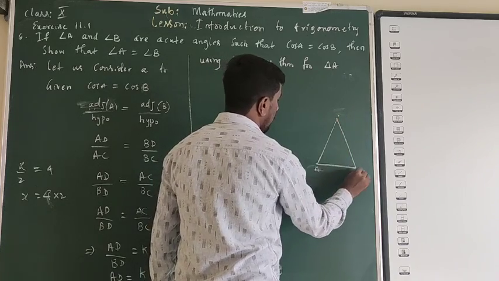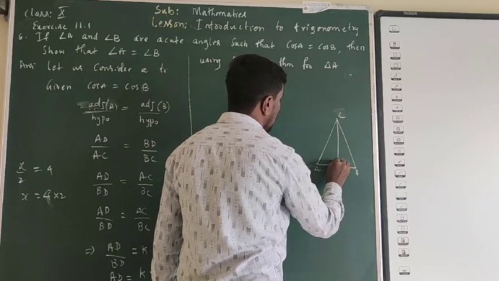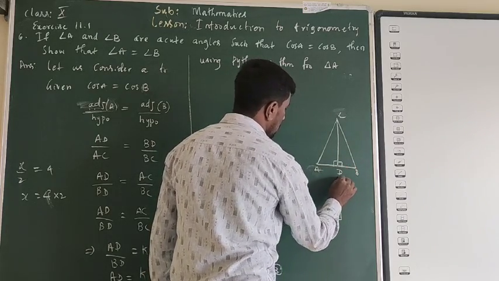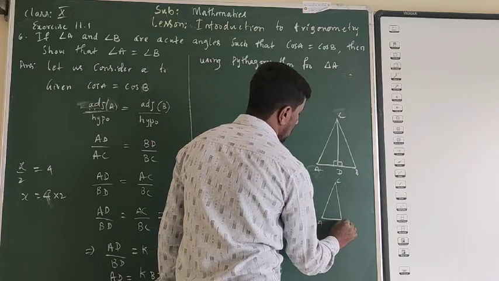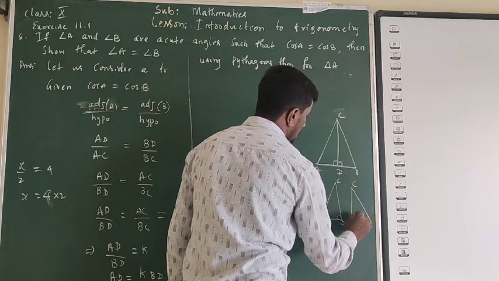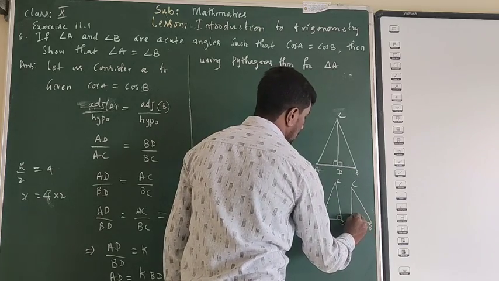This is triangle ABC, this is D. Individually, we take triangle CAD with a right angle, and CDB with a right angle.